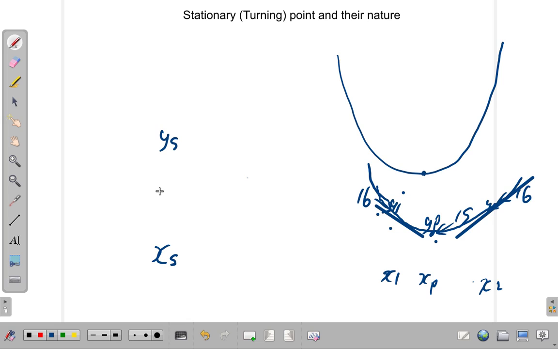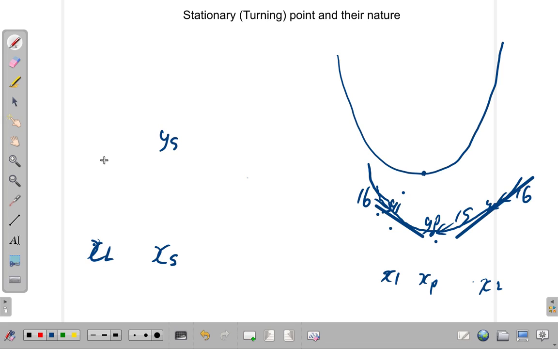Now you calculate the value at ys. Then you will choose a point to the left of xs. Let's call it xl, and you calculate the y for it.